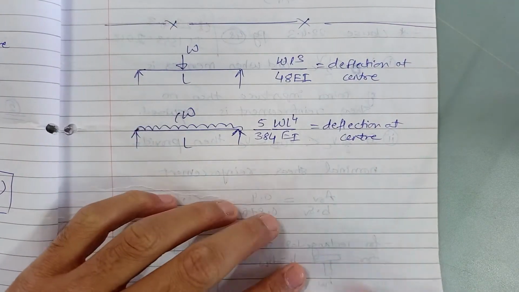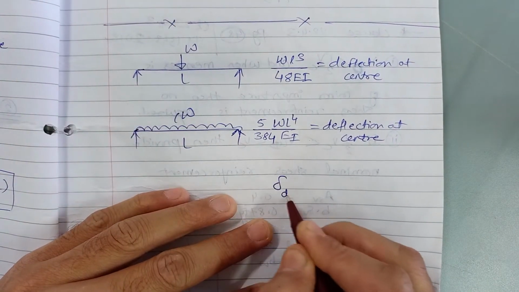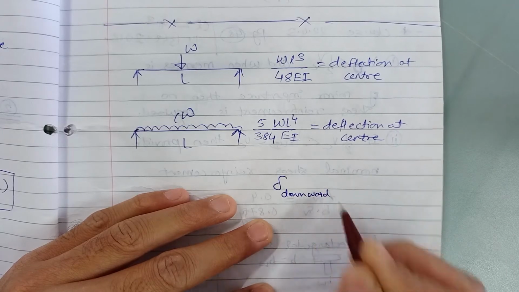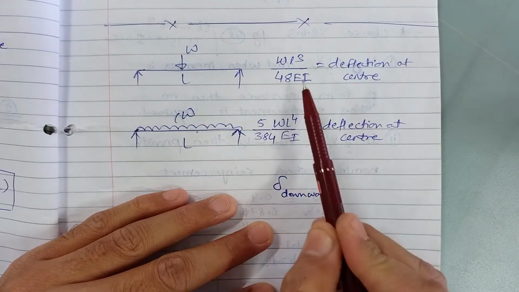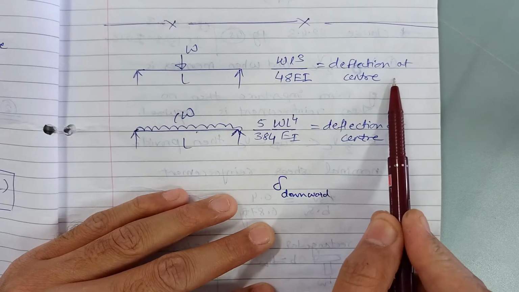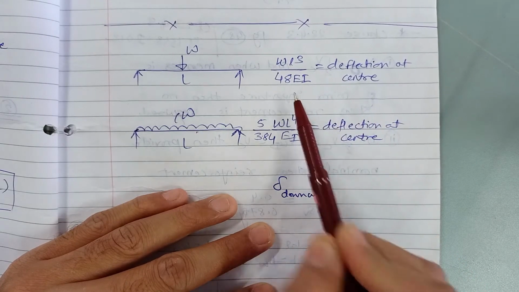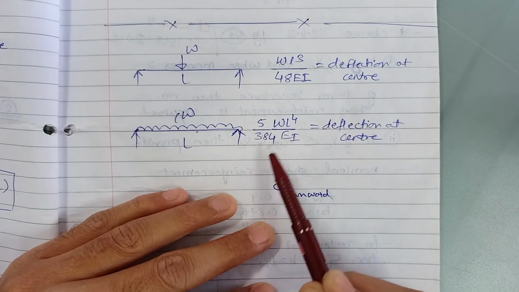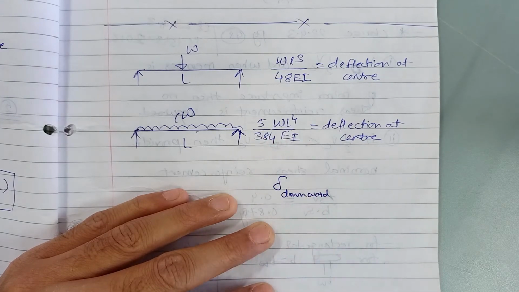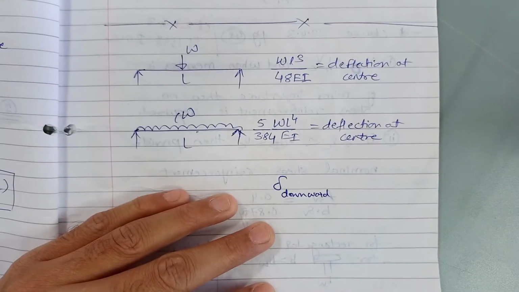Downward deflection will be calculated by this formula, that is for point load and UDL. When a point load is acting, deflection at center will be WL cube by 48 EI, and when UDL is acting, deflection at the center will be 5 by 384 WL raised to 4 divided by EI. These are the ideal cases, and these deflection formulas you are supposed to utilize for downward deflection.